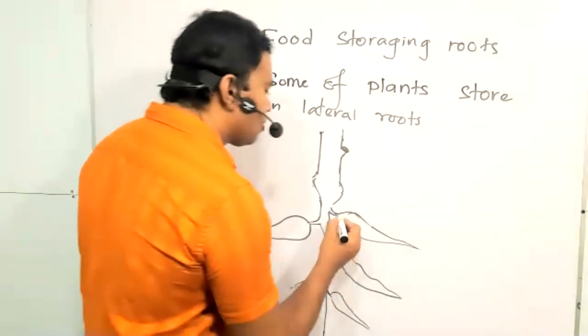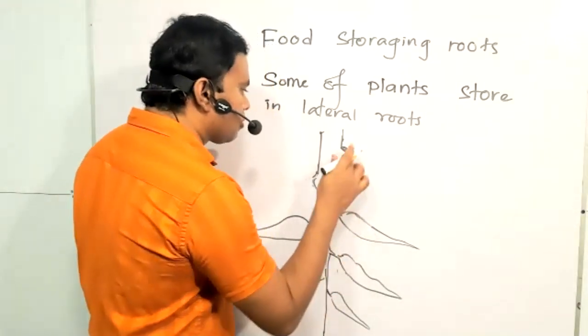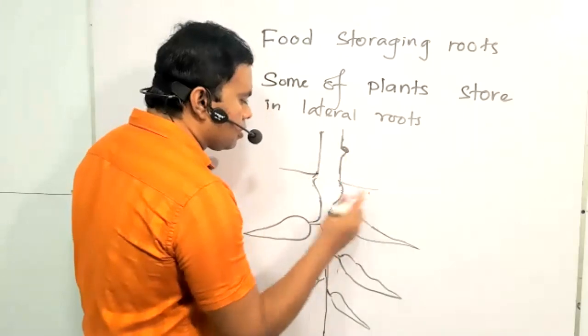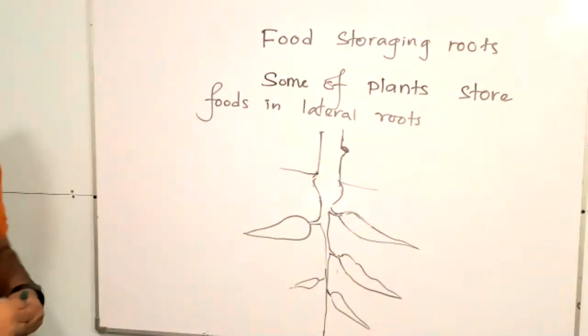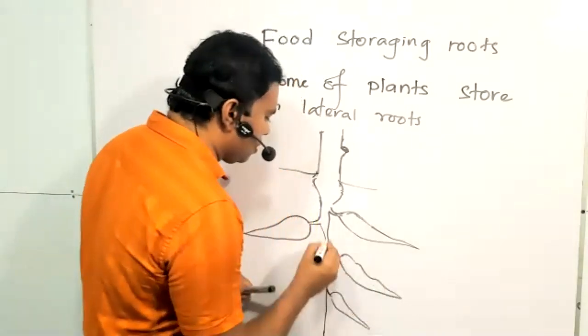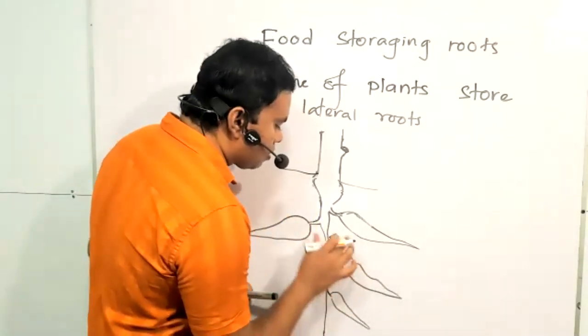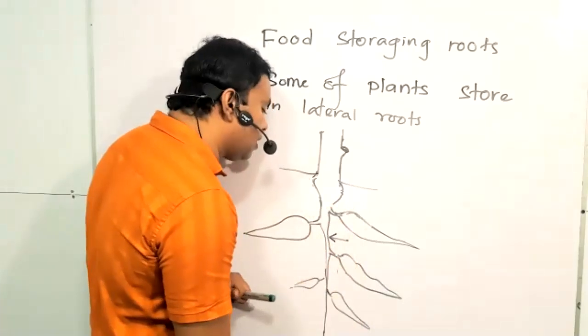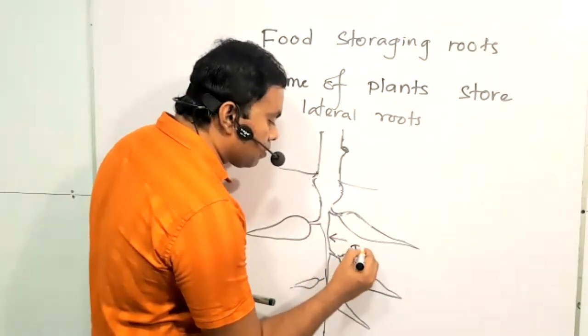It has been developed into a yam. This is the underground part. So these are lateral roots. This is the taproot, but the taproot has not been swollen. This is the taproot.